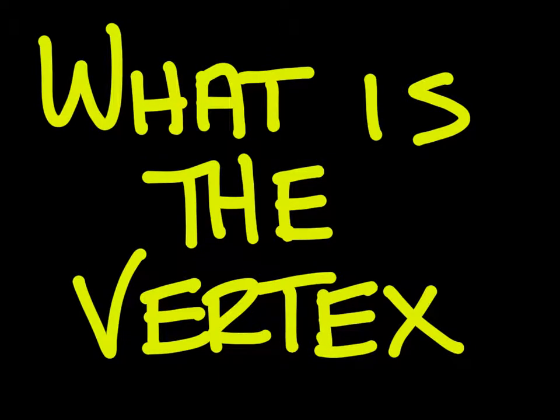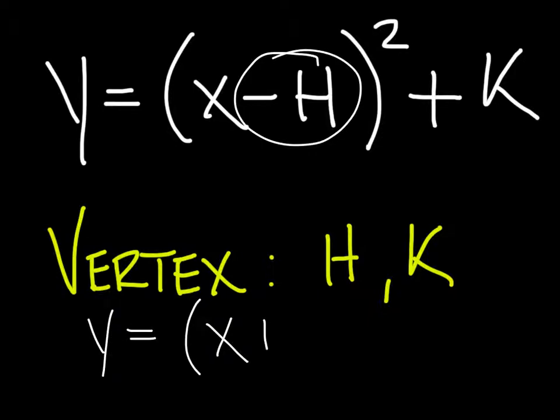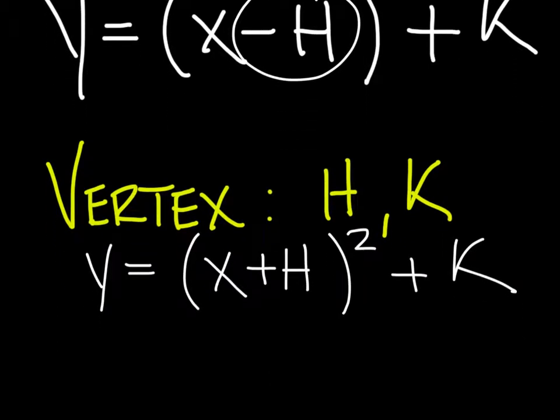So what is the vertex? It's h and k. That's what you have to get out of all of this. But remember that this is minus h, and that if you get a problem that ends up with a plus in it, such as if I had y equals the quantity squared of x plus h, close the quantity, plus k, I would really be taking out negative.